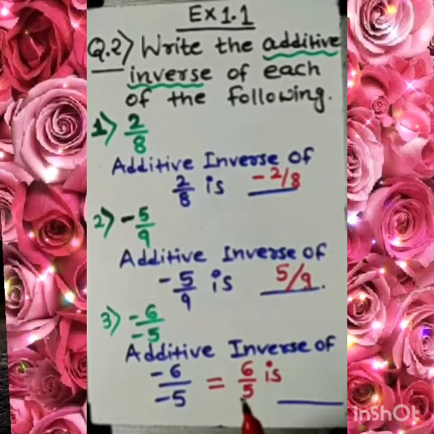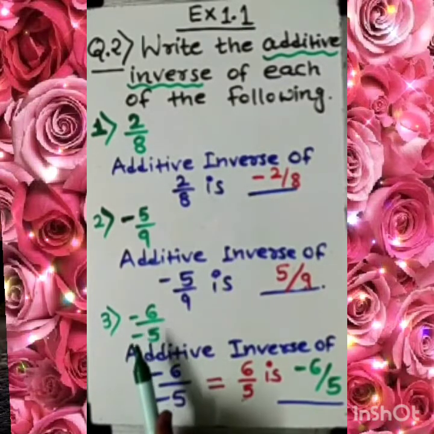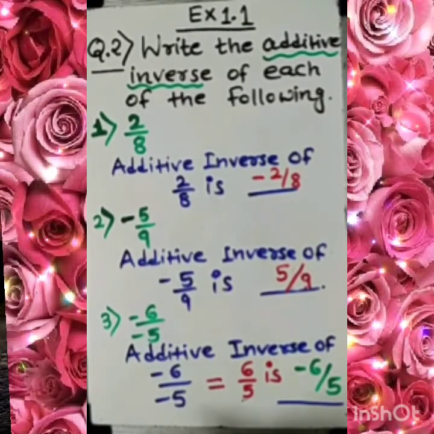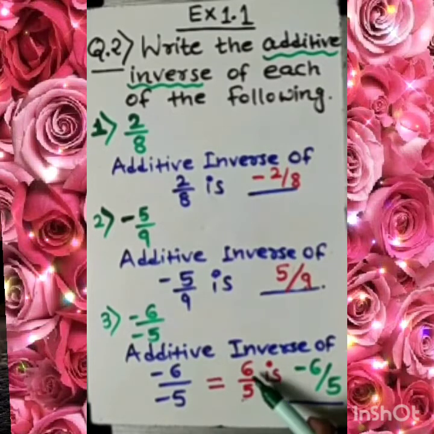The main number is positive, so of course its additive inverse will become minus 6 by 5. Once again I am explaining: because of minus in numerator and minus in denominator, the answer is minus 6 by 5.